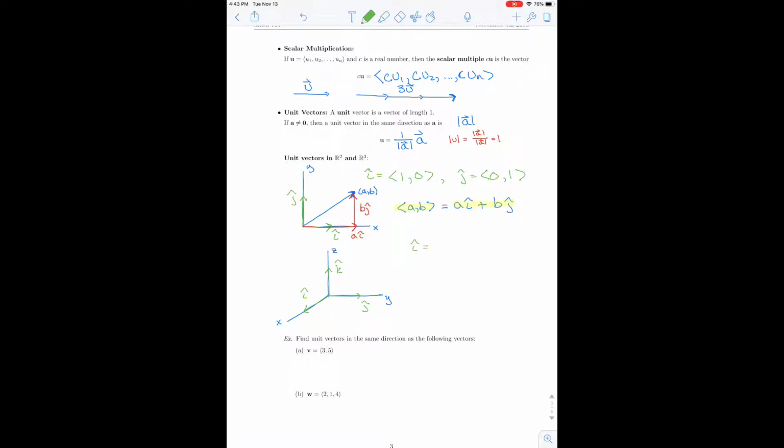And i hat is 1, 0, 0. j hat is 0, 1, 0. And k hat is 0, 0, 1.